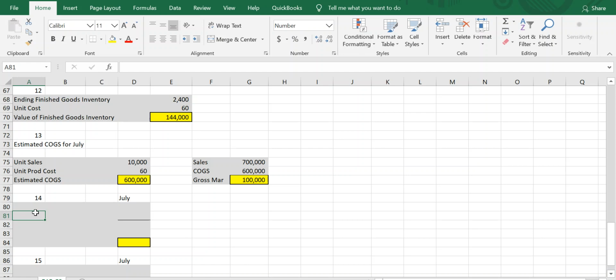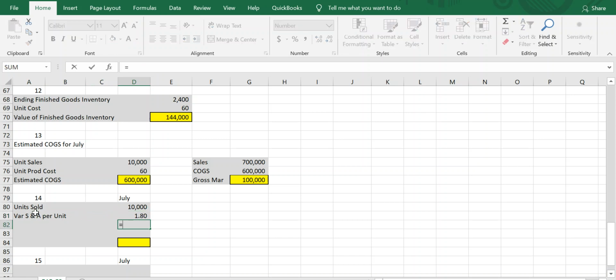We're going to have a variable component based on the number of units sold. So we have units sold in July of 10,000 units. And then we have the variable selling and admin per unit, which is $1.80. That means that our variable selling and admin costs are $18,000, okay?